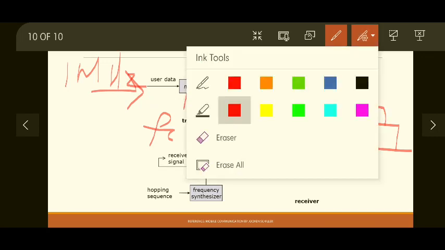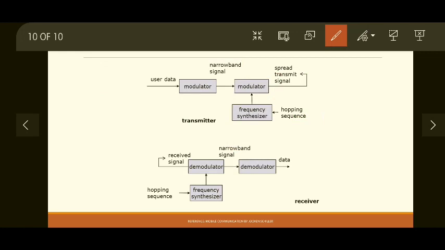So that means again a two-level transmission scheme. Initially the user data is converted into a higher frequency narrowband signal, then using the frequency synthesizer, smaller channels are generated which are used for hopping by the narrowband signal. This narrowband signal hops to one of the frequencies generated by the frequency synthesizer.